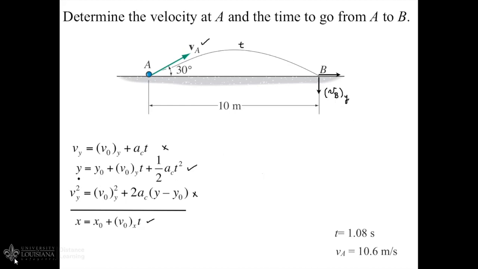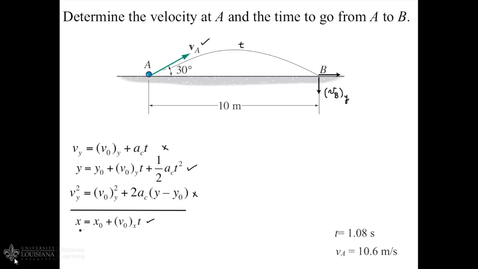Applying this one, we would say that the final position of the ball in the vertical direction is 0. The initial position in the vertical direction is 0 also. And then we have v of a sine of 30 degrees times the time plus 1/2 of minus 9.81 times the time squared. Two unknowns in this equation.